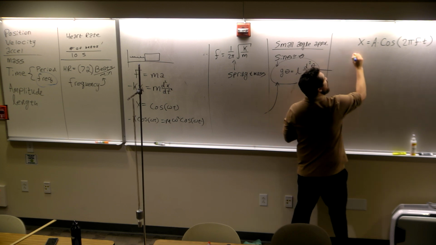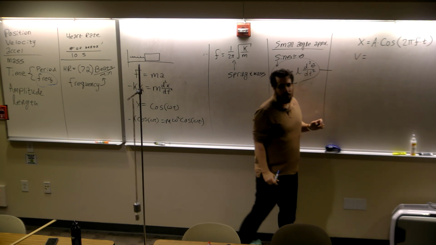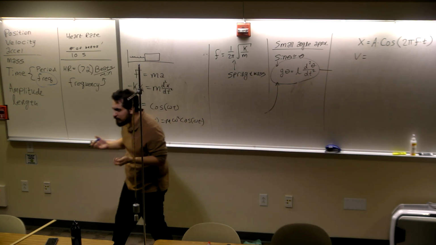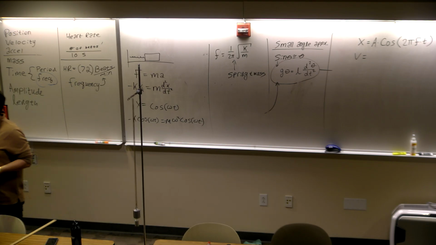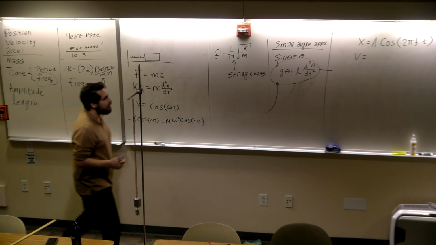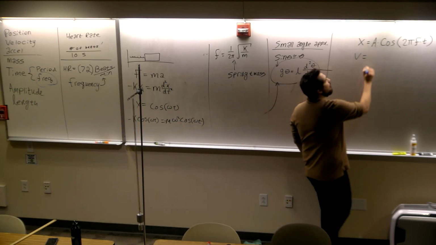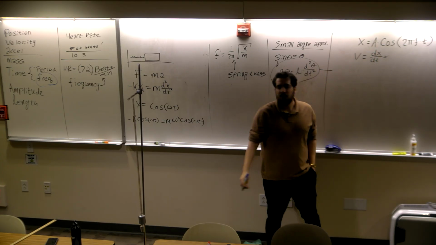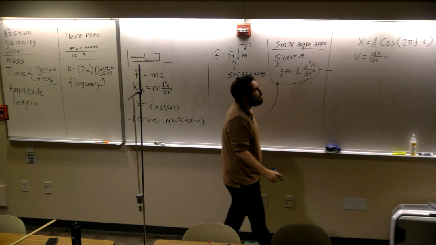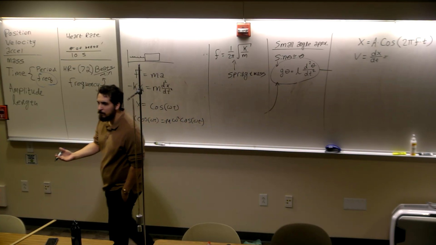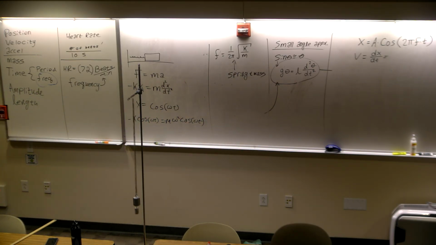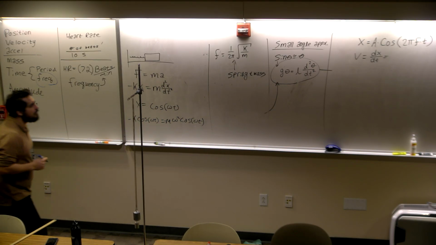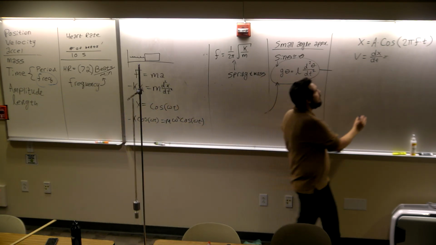You ask about something perhaps like the speed of the oscillating object. Well, how fast is it? How fast is your oscillating object going? Well, speed is easy. Derivative of position. Take the derivative of your position. What's the derivative of cosine? Negative sine. So what is your velocity?